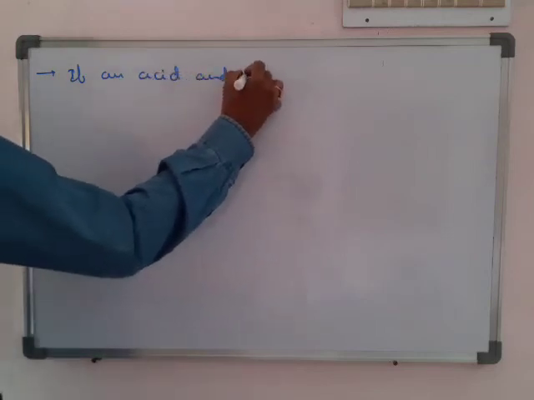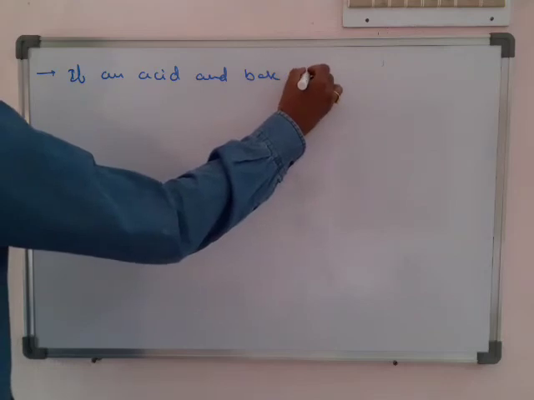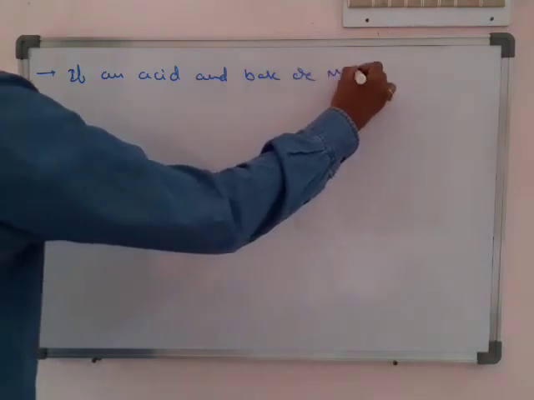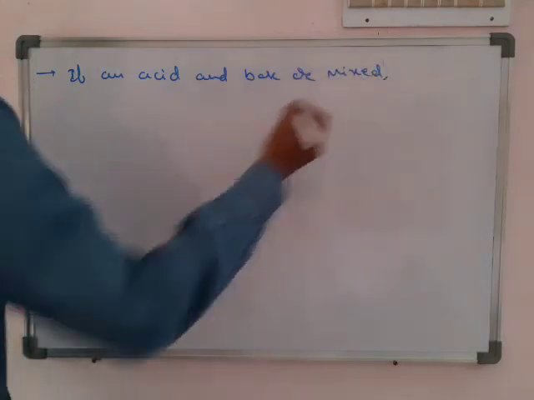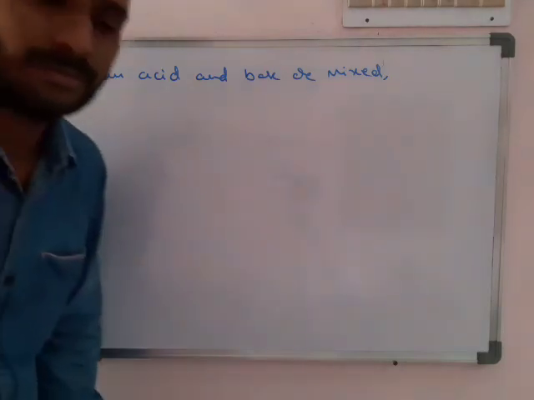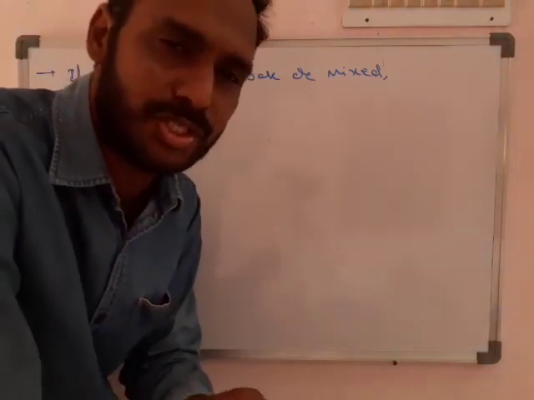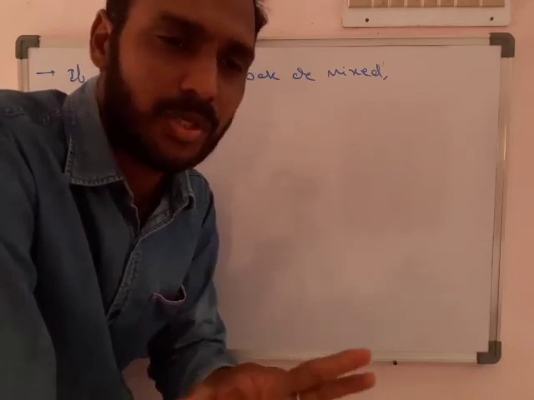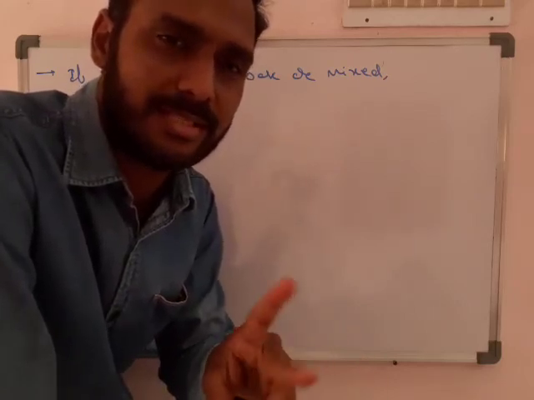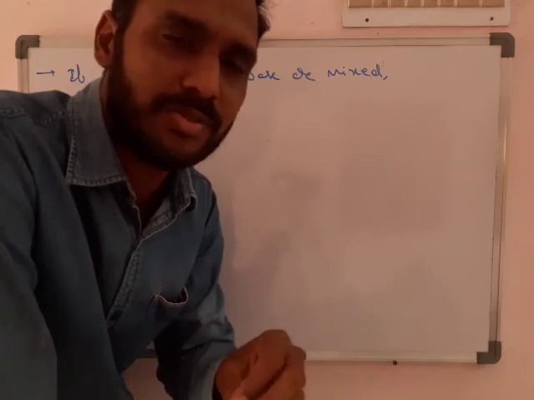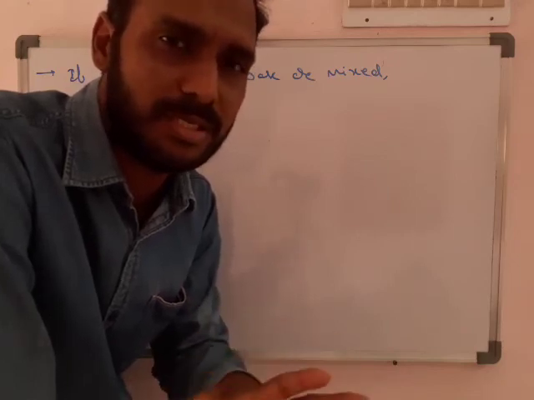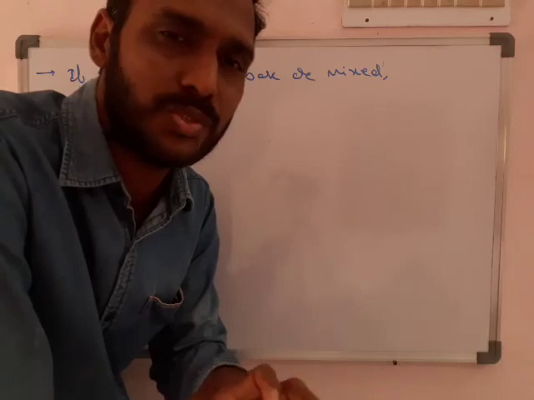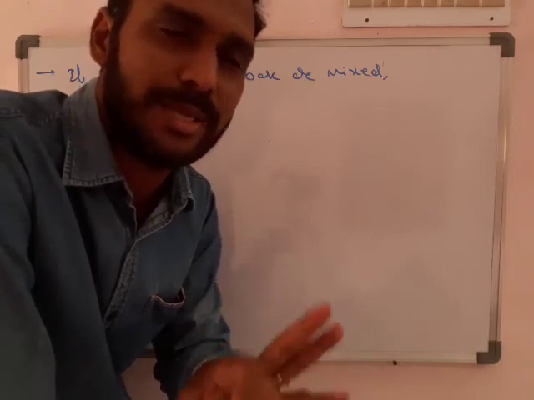If an acid and base are mixed, we can't say whether the final mixed solution is acidic or basic, because there are two possibilities. The final solution may be acidic, or it may be basic. It depends on the strength of the acid and base.